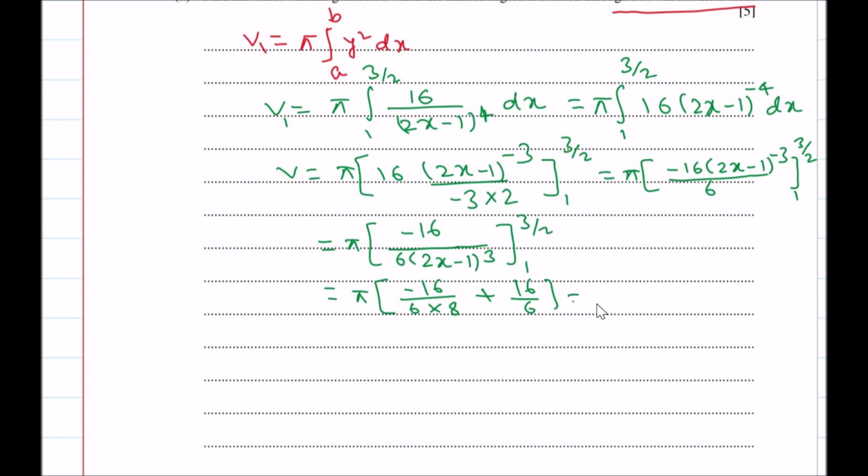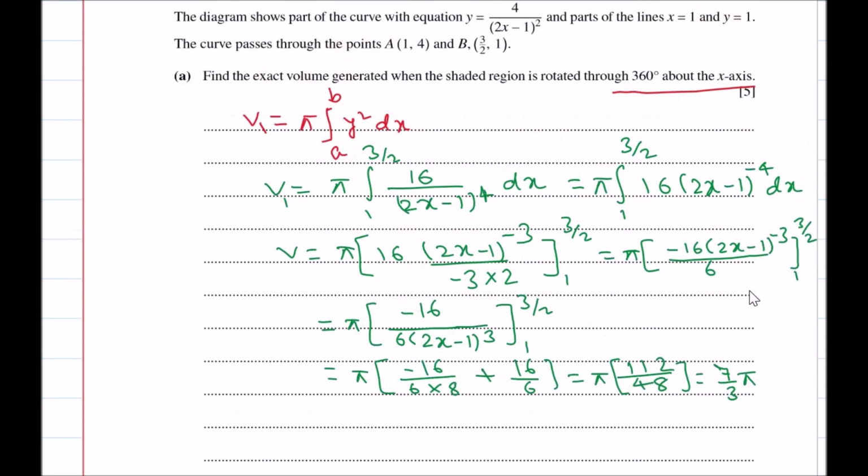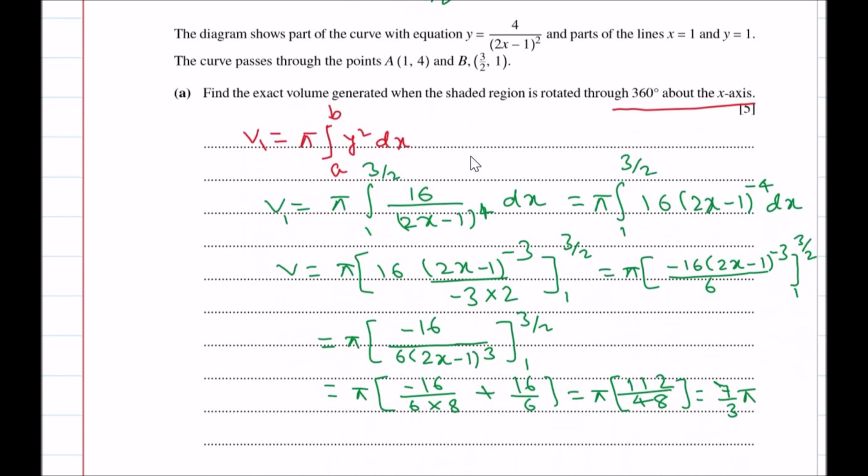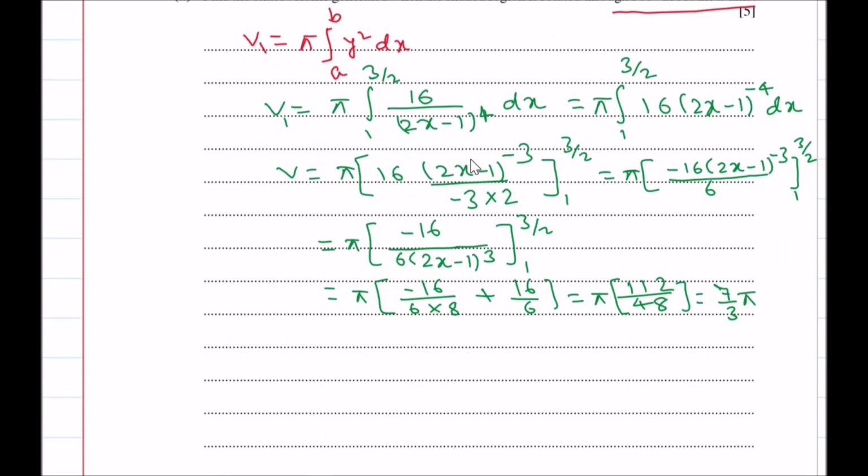And that gives us pi into, simplifying, 112 by 48. That is equal to 7 by 3 pi. Okay. This is our V1, which includes the empty part here, the one I shaded with red. That part will give us a cylinder when you rotate.